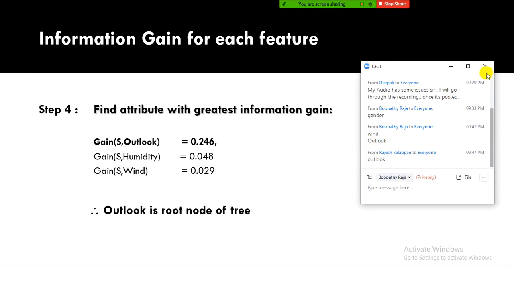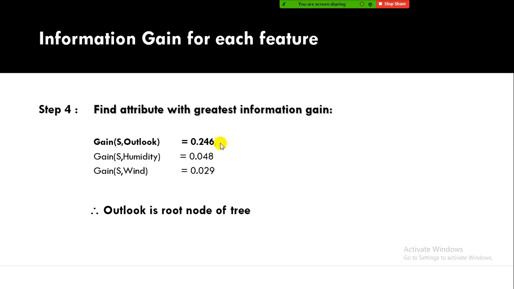Yes, Rajesh. Yes, Bhupati. Yeah, outlook, right? Of these three, the outlook column's information gain is very high. Hence, the outlook column will undergo the split first. Since we are going to build a new tree, this is going to be the root node.